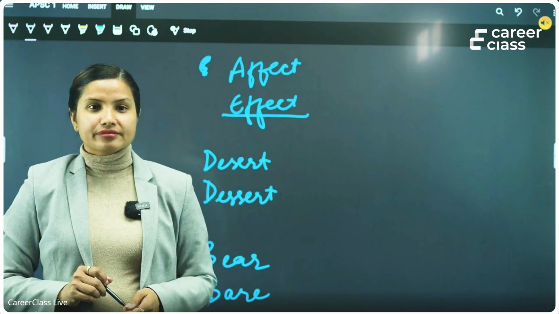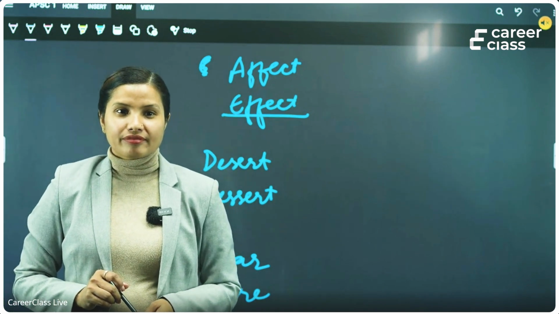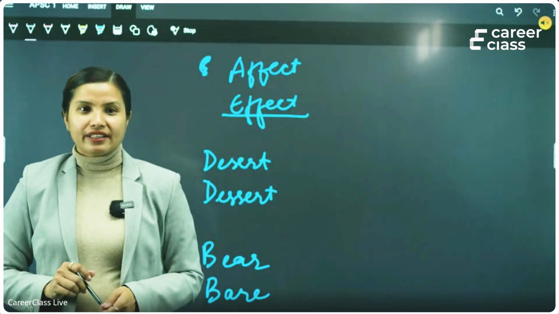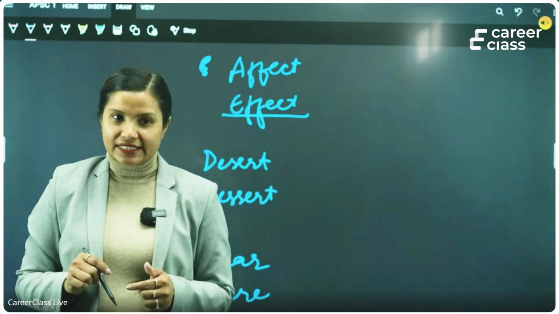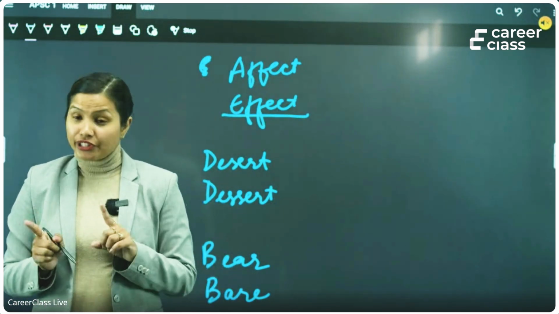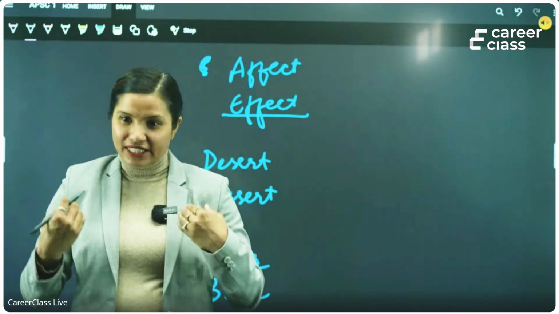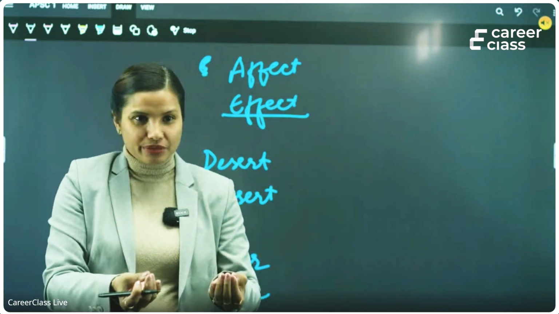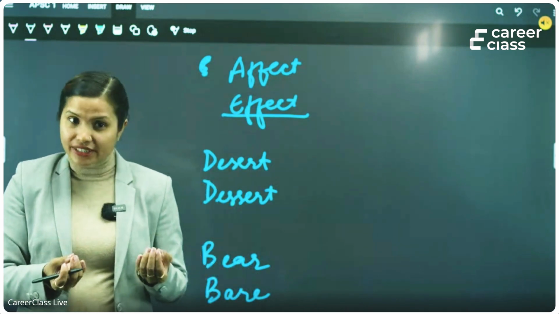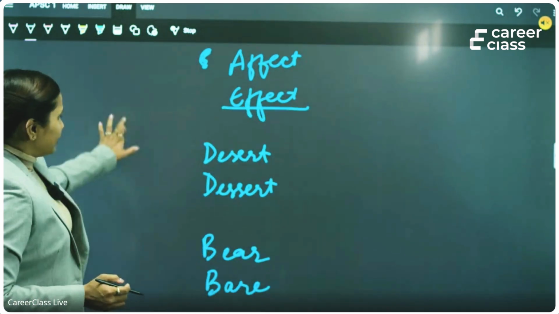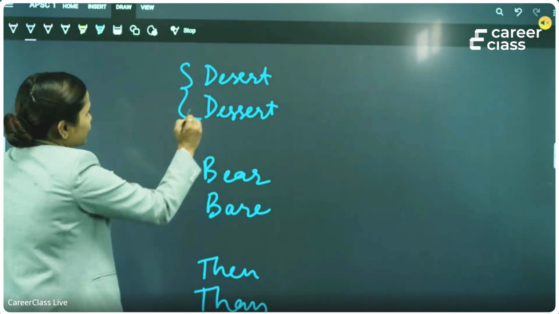Your guidance have so much effect on my life. Your guidance has, not have, because it is in singular form. My guidance I am giving you has much effect on my life. Very good.